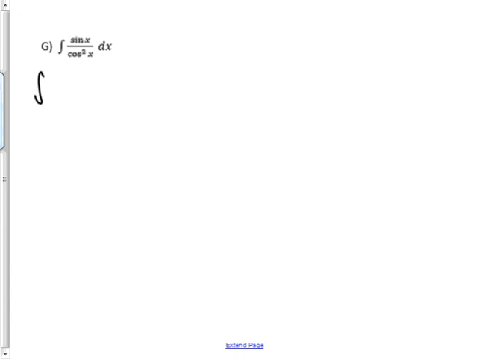So if I think about it, I've got sine x times, let's see, I've got 1 over cosine, because I like to spread mine out first and think about what I got. And then I know if I put sine over cosine, that's just tangent. And then 1 over cosine is secant.